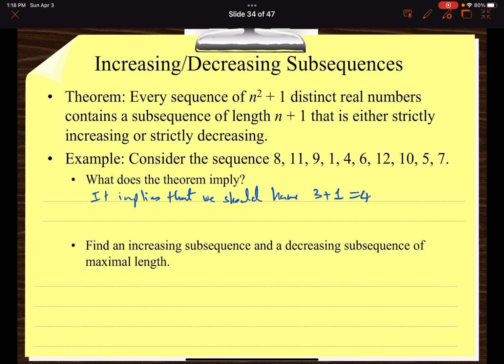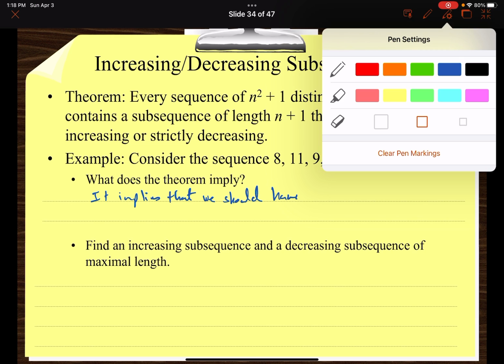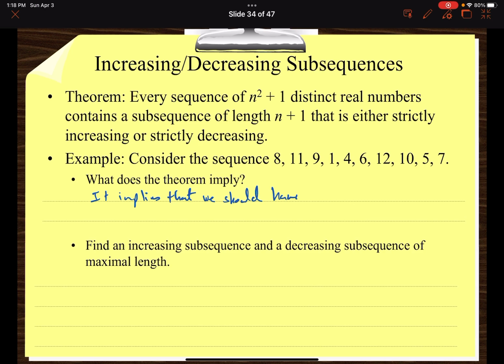We should have a subsequence of length 3 plus 1, which is equal to 4. Of course, where did 3 plus 1 come from?